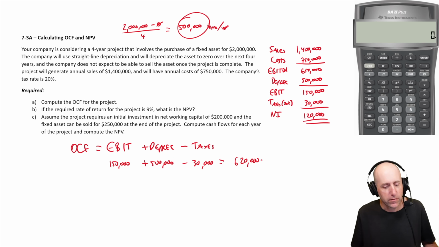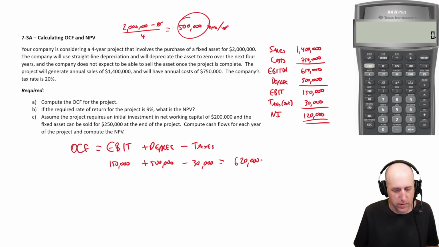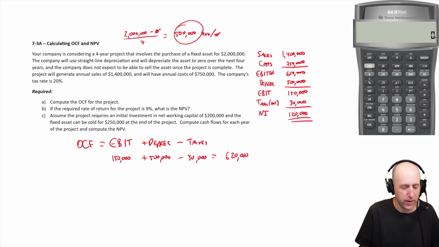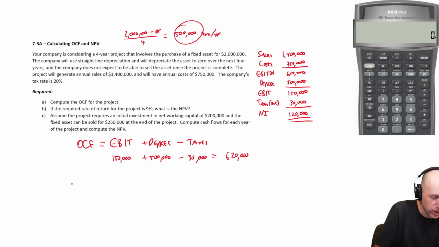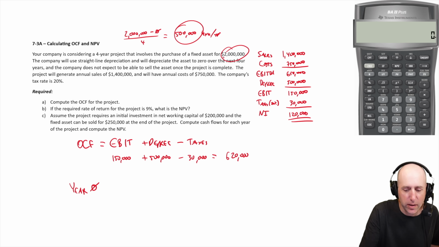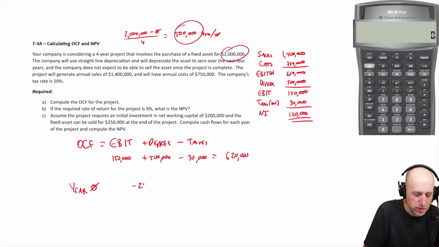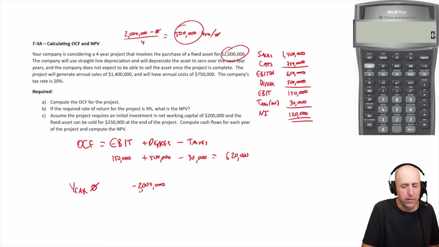If the required rate of return of the project is 9%, what's the net present value? Okay, so let's think about the project on a yearly cash flows basis. At time zero, year zero, I have to buy a $2 million asset. So at year zero, oops, not $200,000, $2 million in negative cash flow.